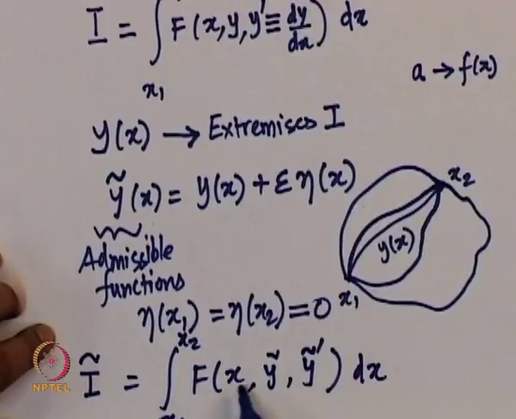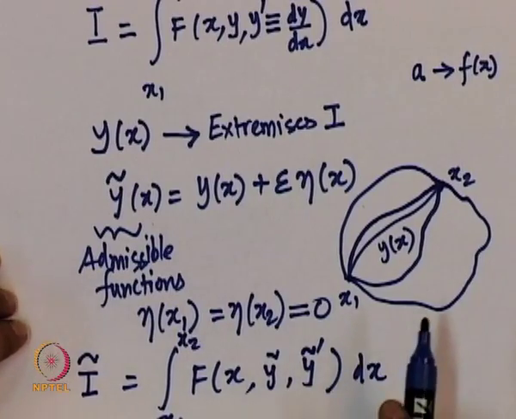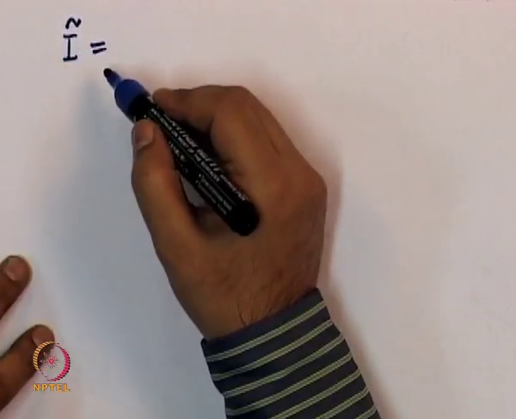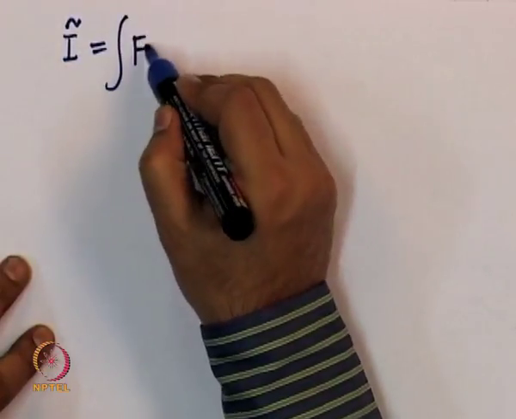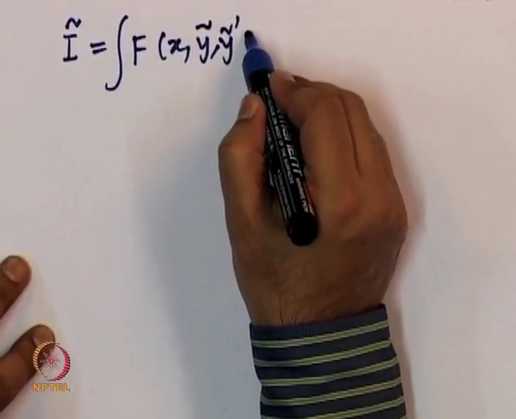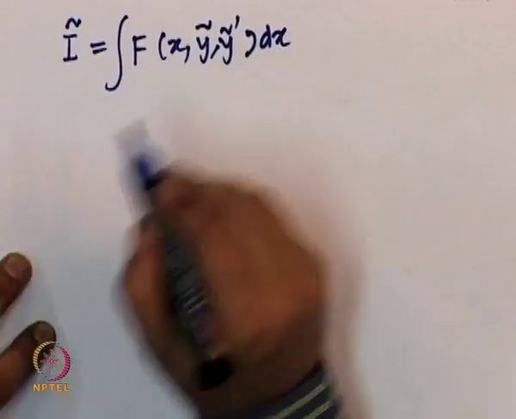So, we write f of x, y tilde and y tilde prime, which is I tilde, and let us look at what happens to this I tilde. I tilde then is equal to the integral of f of x, y tilde, y prime tilde, dx.